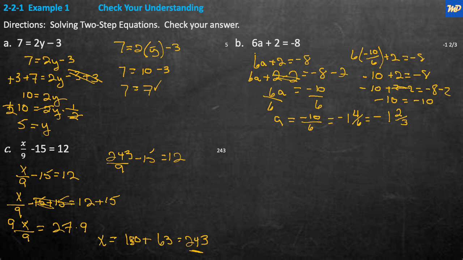So 27 minus 15 is equal to 12. And 27 minus 15 is equal to 12, so the check works. So there you have it. Okay, that one's solved.